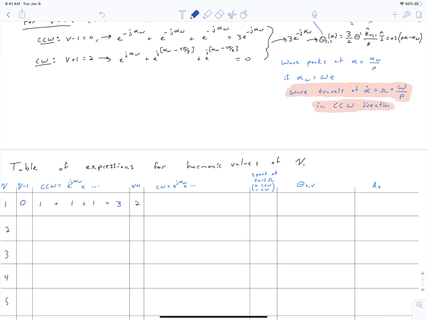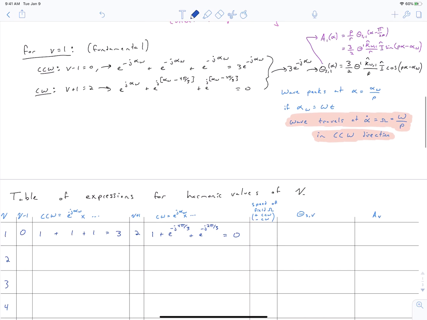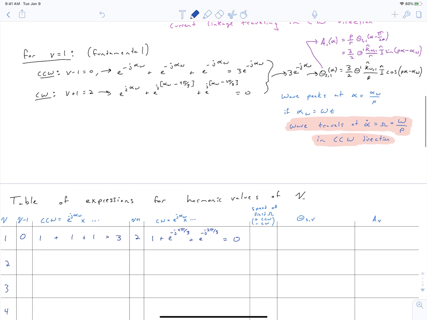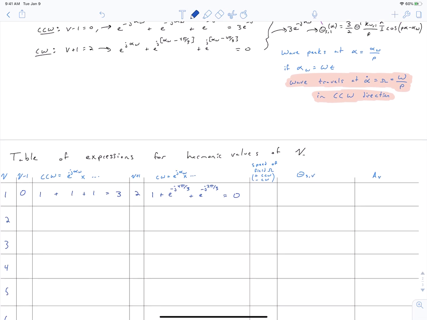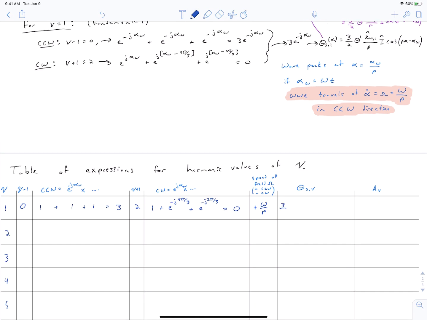And then our phasors, in this case, are going to be 1 plus e to the negative j 4 pi by 3 plus e to the negative j 2 pi by 3. And that equals 0. And so we can see that our speed, in this case, is going to be omega over p in the positive direction. And then we can complete our expressions for our current linkage and our equivalent linear current density.